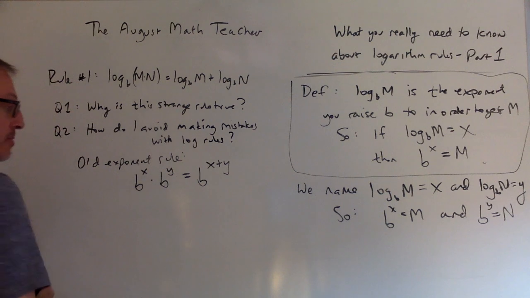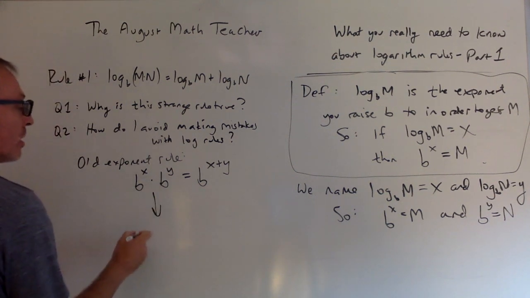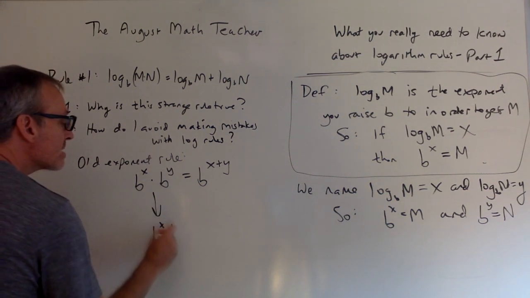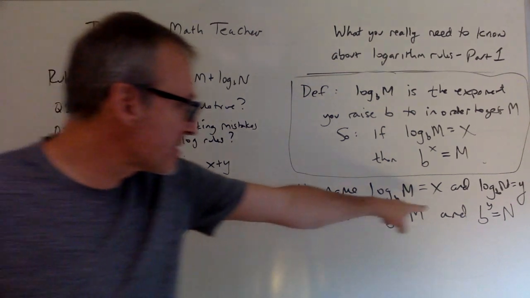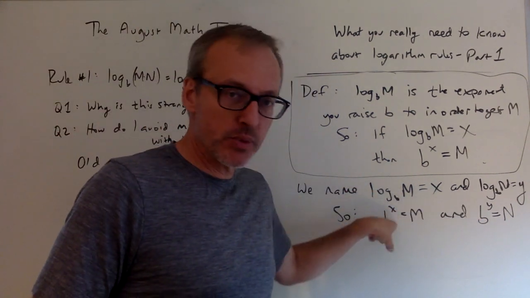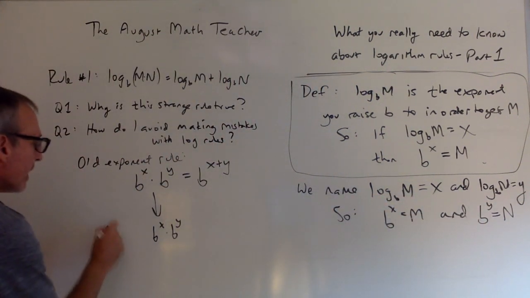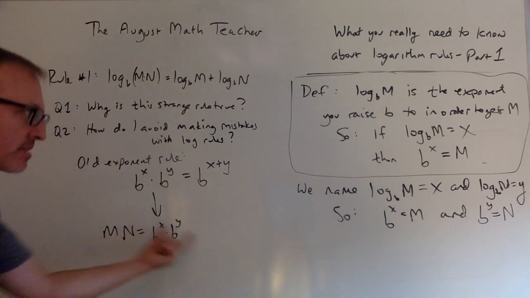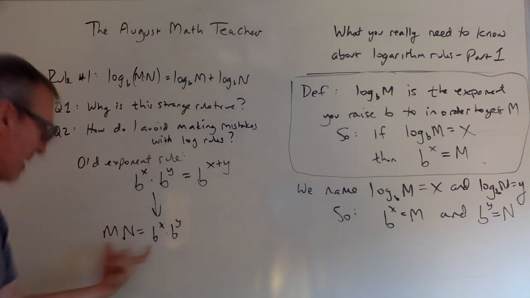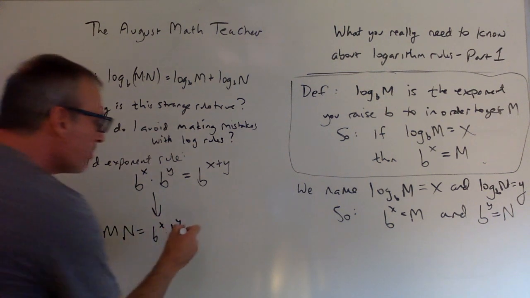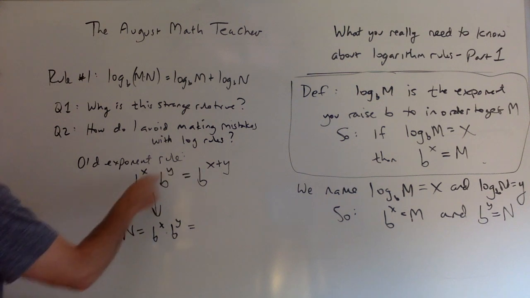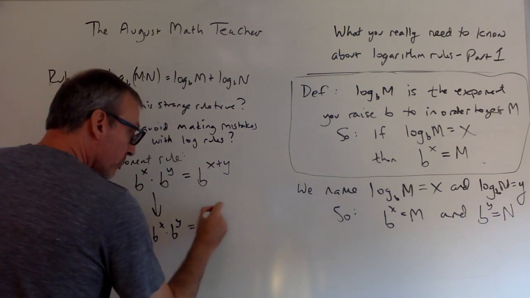So from this old exponent rule, I want you to think about b to the x times b to the y. Now think about what we said over here. We said b to the x was this number m, and b to the y was the number n. So I'm going to write m times n here, because this is just what these are. M times n is b to the x times b to the y. But then I'd like you to acknowledge that this exponent rule works.